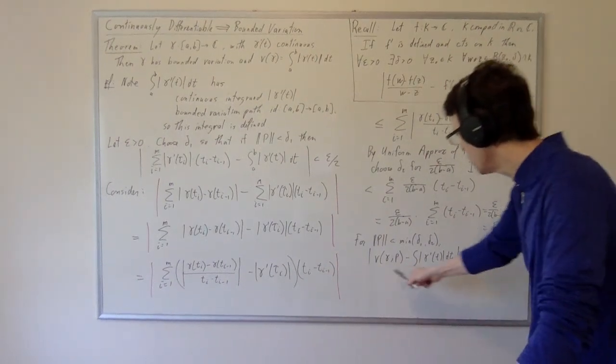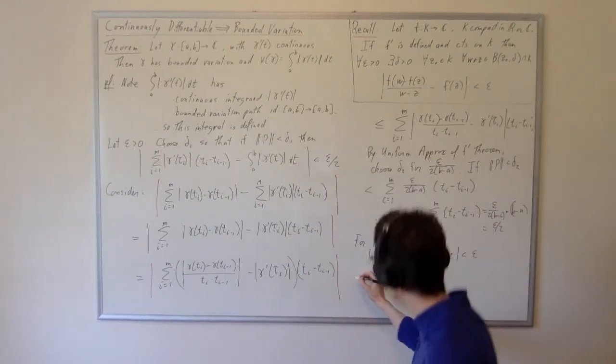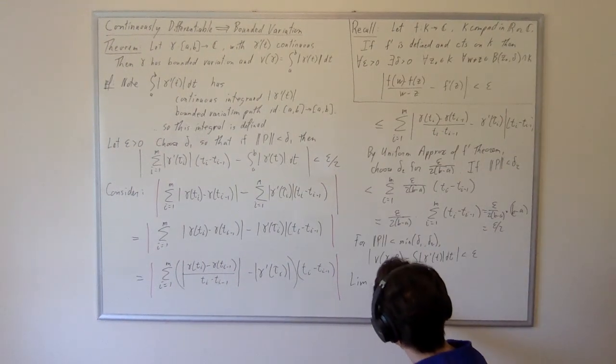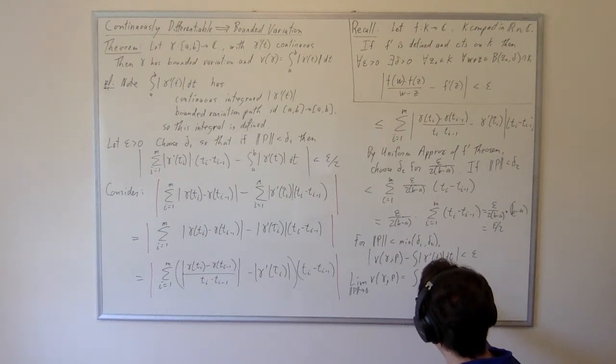And what does that show? That shows that this function has a limit which is equal to this integral. So the limit of the variation function as a function of P, as partition norm goes to 0, is equal to the integral of the modulus of gamma prime dt, from a to b.